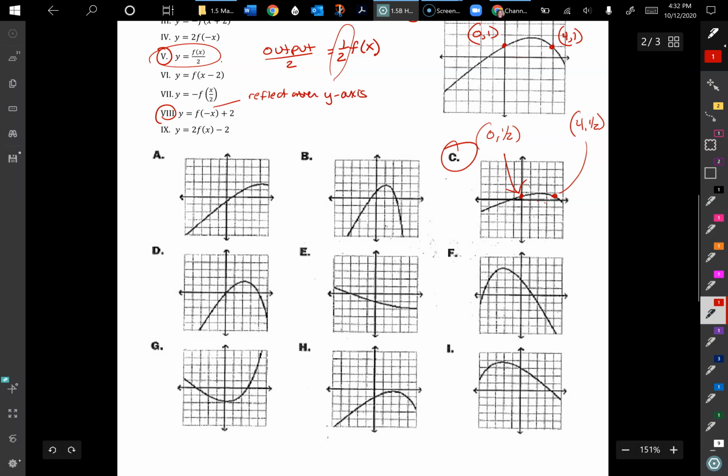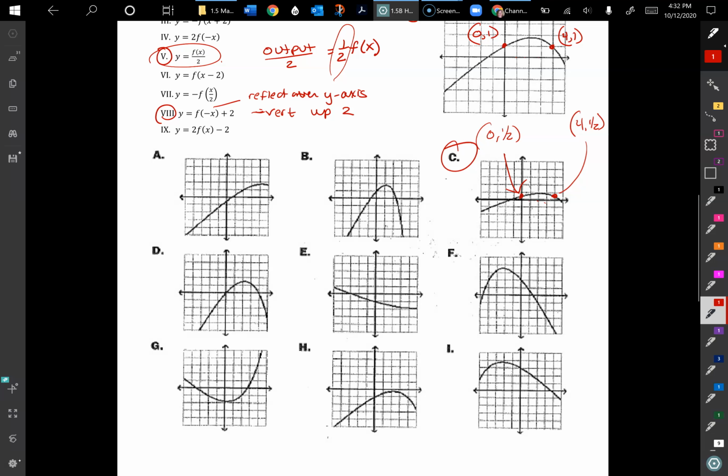Okay, so my inputs are going to end up being the opposite sign from what they originally were, right? I also have a vertical shift up 2. So again, I can kind of look at these key points.